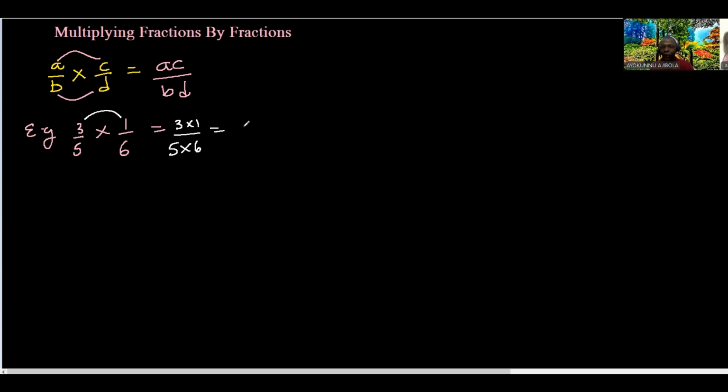So what's 3 times 1? 3 times 1 is 3. And what is 5 times 6? 20. No, 5 times 6. Try again. 30. So this is 3 over 30.